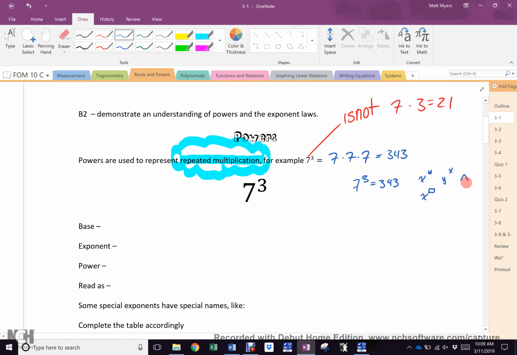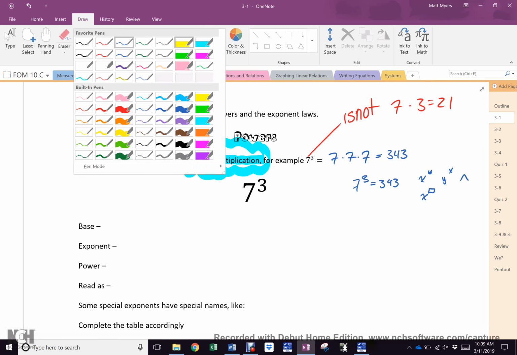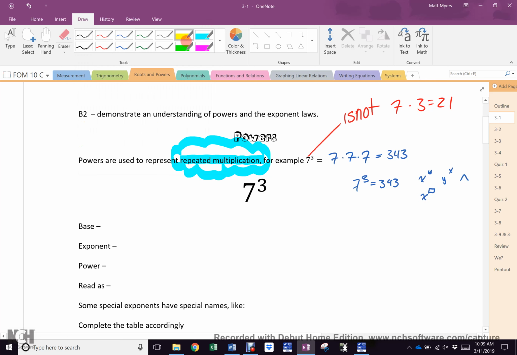All right, so I'm going to do some highlighting here. You guys can highlight. You can do what you want. Like I say, most of you already know this stuff. I'm going to highlight the base. Who would like to tell me what the base is? It is the 7, indeed. The 7 is the base.